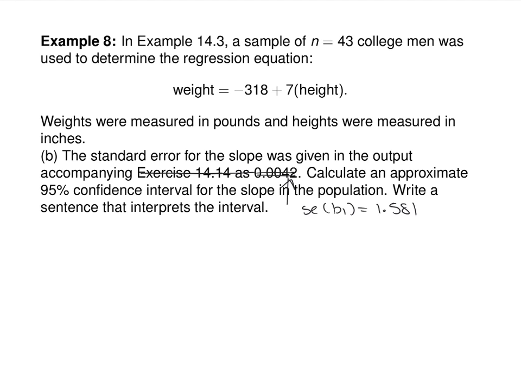Okay, find an approximate 95% confidence interval. So the confidence interval's form is B1 plus or minus your t star times standard error of B1. And the degrees of freedom is n minus 2. So in this case, what's our degrees of freedom? 41. And if you look at your t table, t is approximately 2.